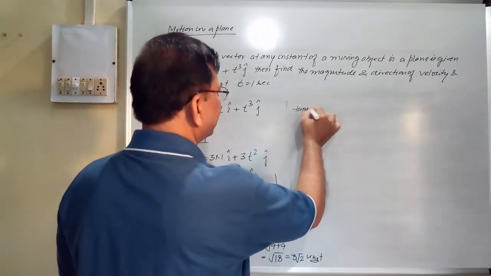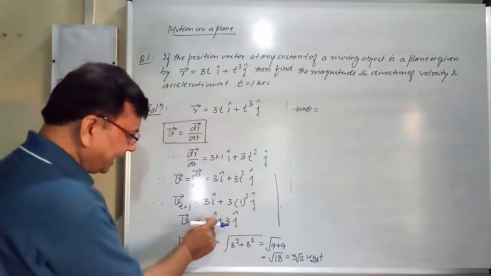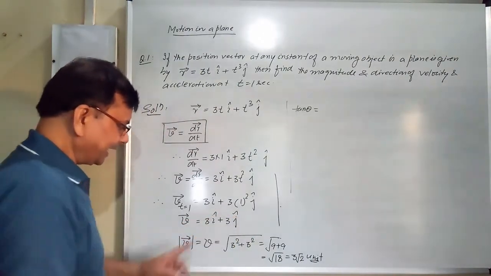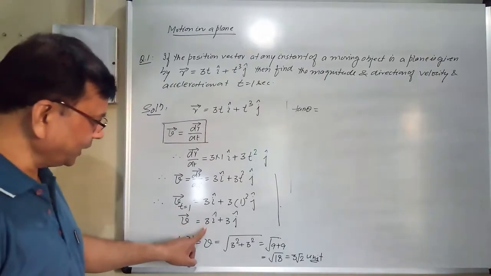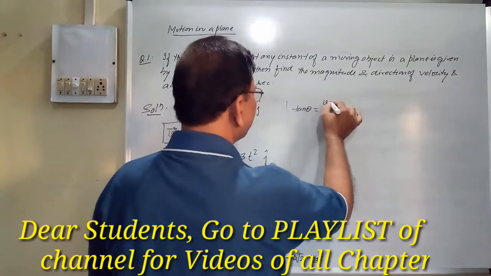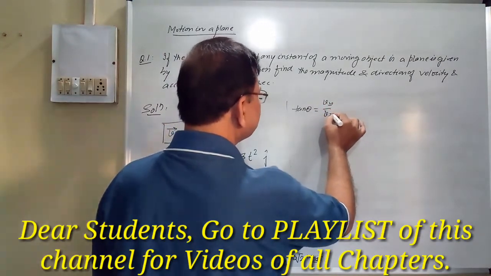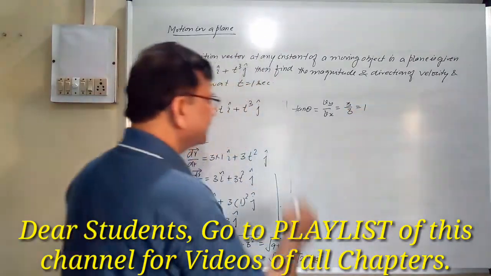As per the definition, V is equal to 3i plus 3j, that is after t is equal to 1 second. So it is Vx, it is Vy, so tan theta is equal to Vy upon Vx, that is equal to 3 by 3, that is equal to 1.